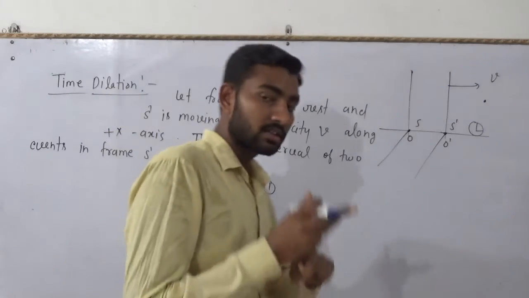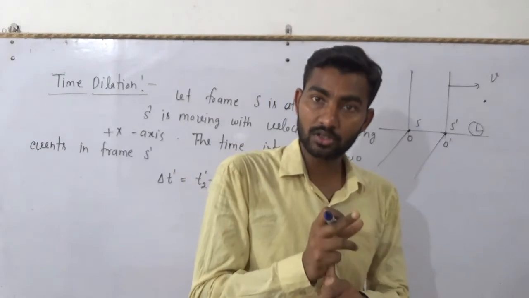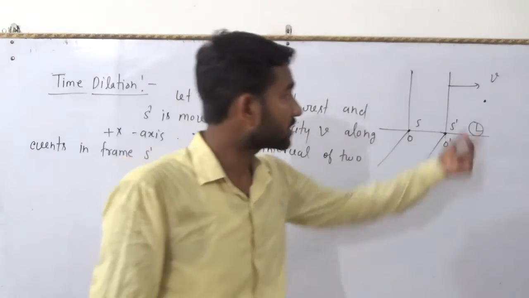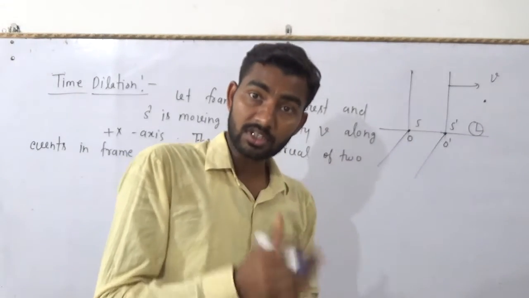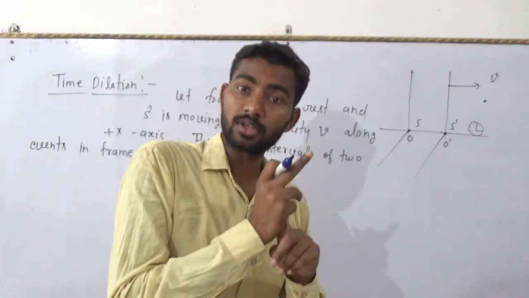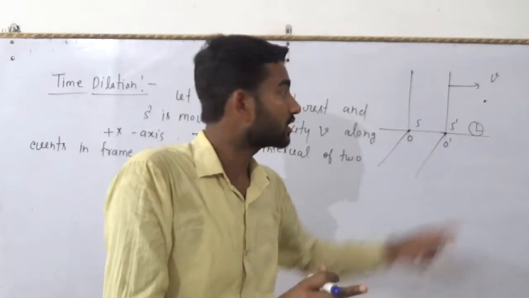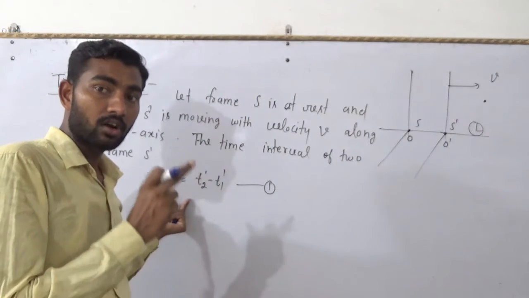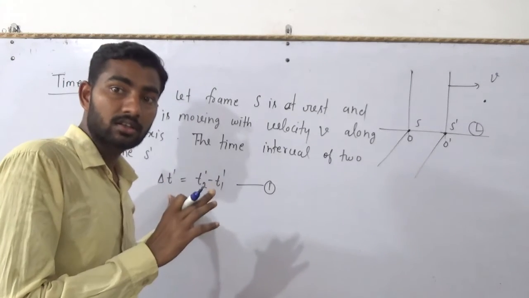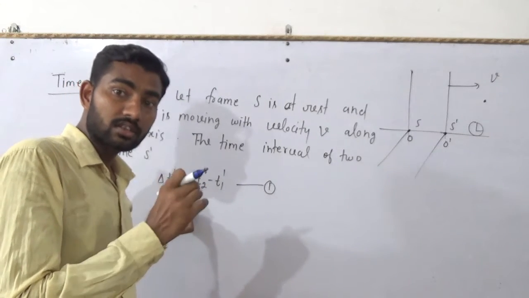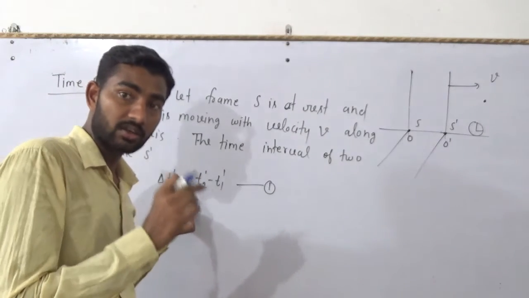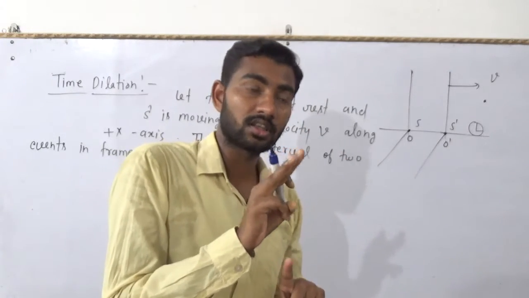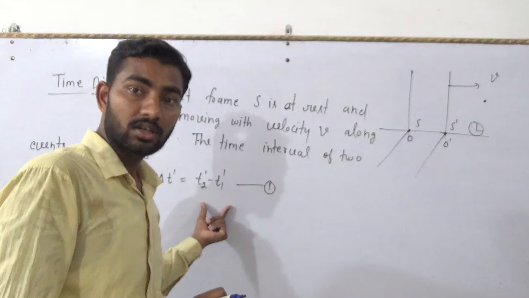Friends, the same events which we have assumed in this frame, and the time interval of those events which we have measured in this frame of reference S dash, is given by equation number 1.